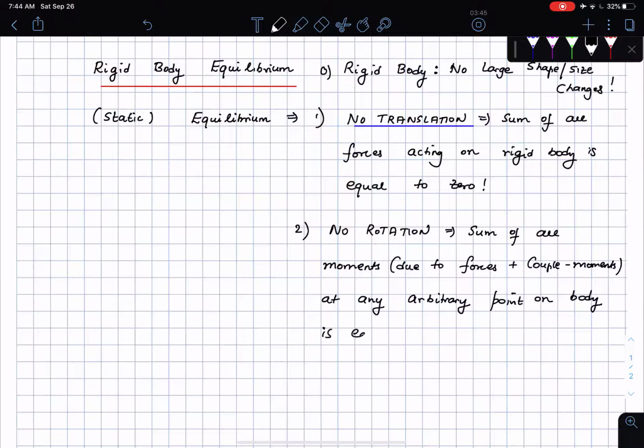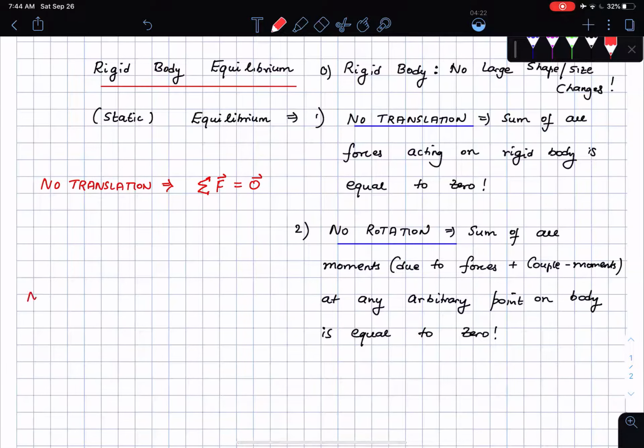All right, so this is the meaning of a body having no rotation whatsoever, which means that both of these can be written in the form of an equation. So this no translation implies that the summation of the net force acting on the body is equal to 0.